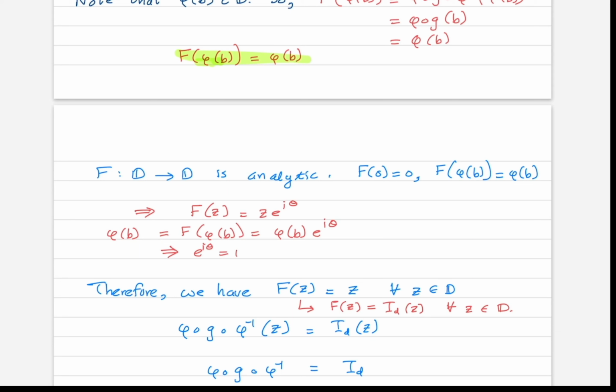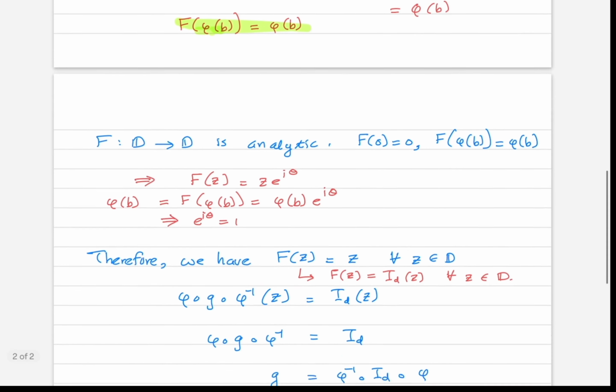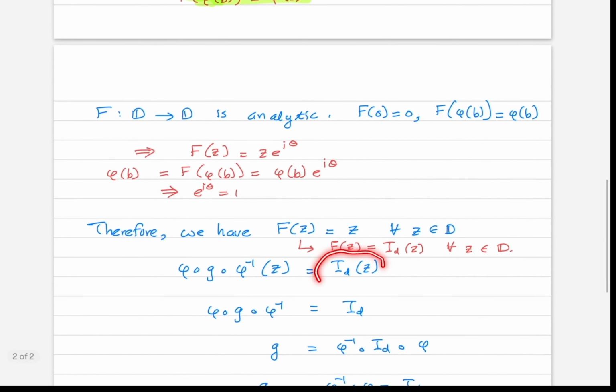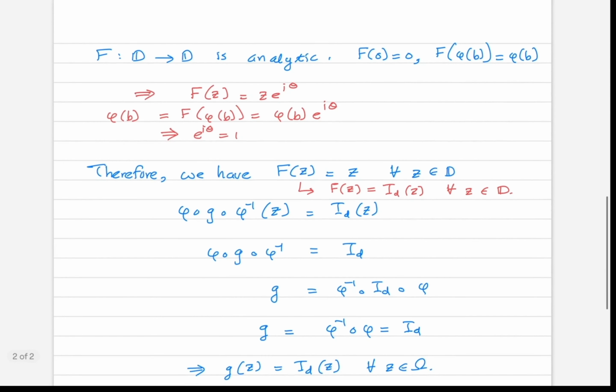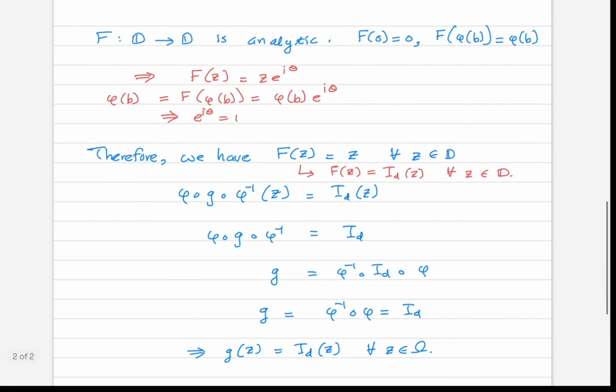But what is capital F? We noticed that capital F is this composition. So this composition is going to be equal to the identity, and I would get phi compose g compose phi inverse is identity. Then I would do the right composition by phi, so I would get phi here, and the left composition by phi inverse, so I would get phi inverse there.